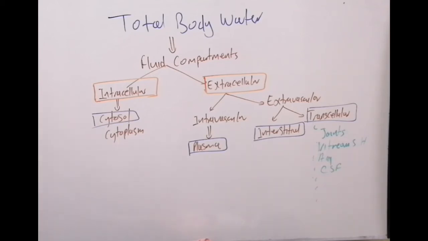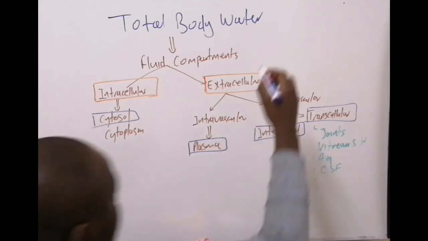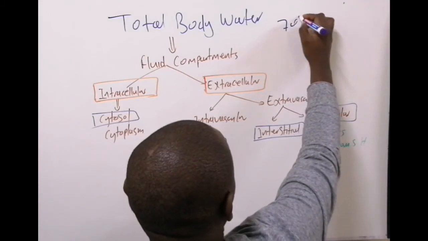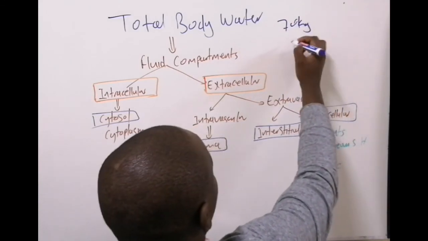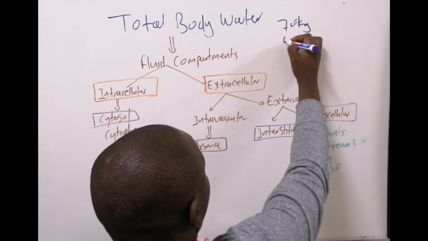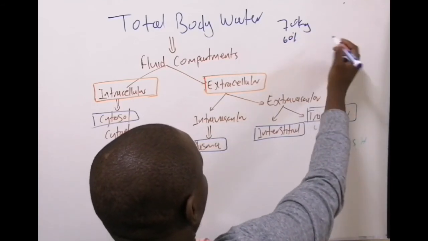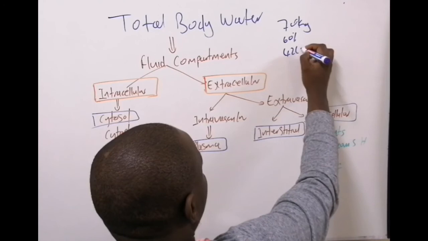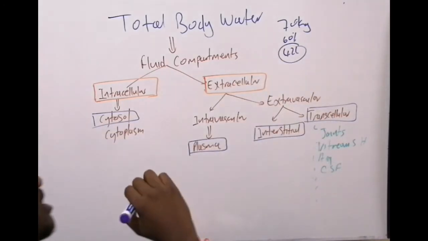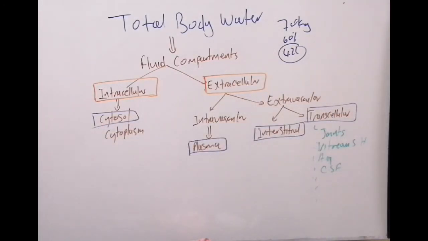So we said that a 70 kg person has about 60% of his weight as water. That means he's got 42 liters of fluid in these compartments.